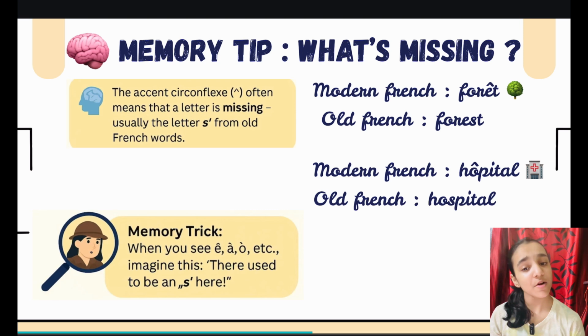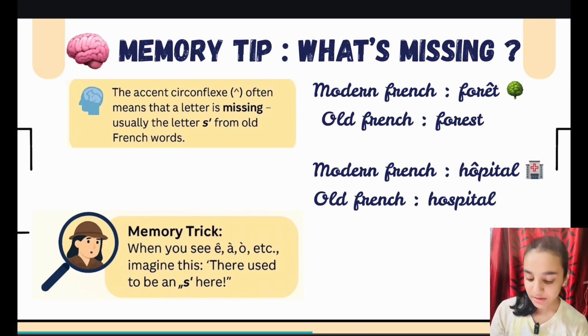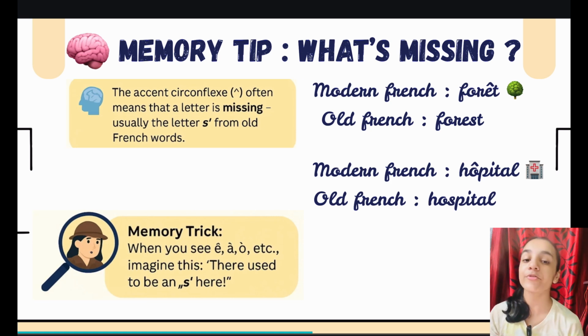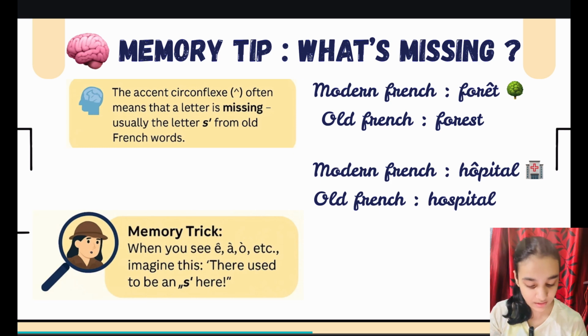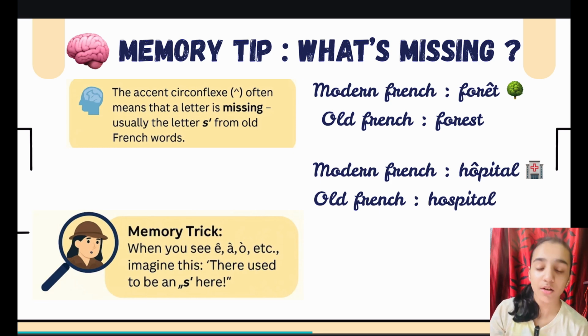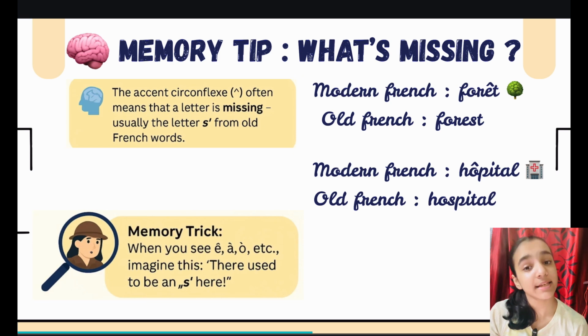Let me give you a memory tip. What's missing? The accent circonflexe often means that a letter is missing, usually the letter S, from old French words. In modern French, we now place the accent circonflexe. In old French, we used to place an S in the place of the accent circonflexe.